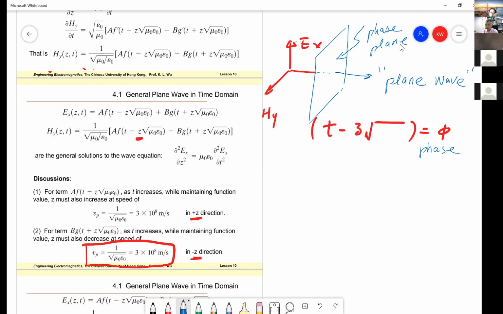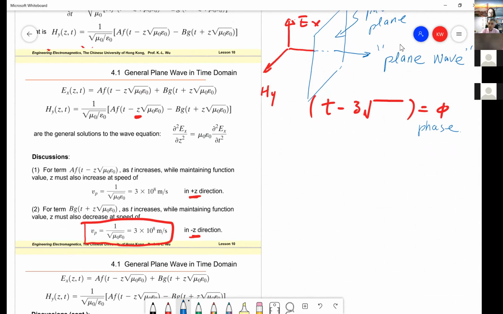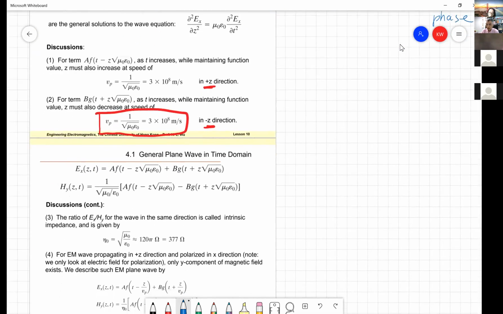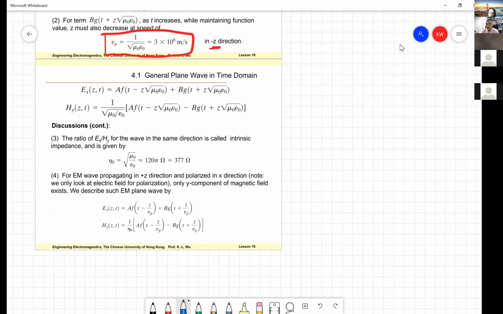So the plane wave is very useful and very important. I couldn't put more emphasis on this. All right, let's continue the discussion.